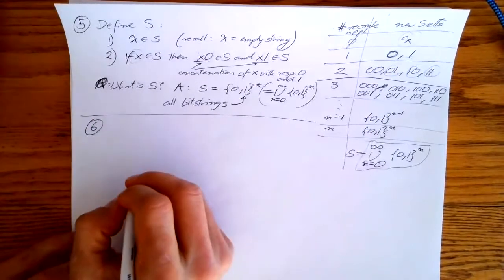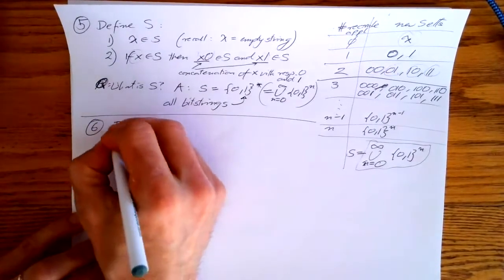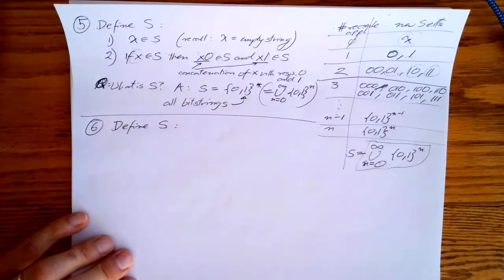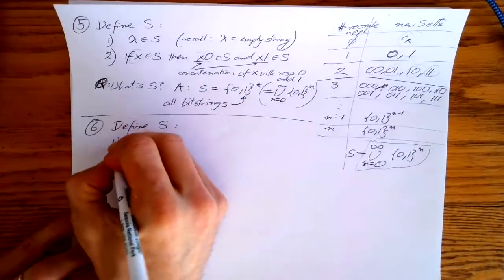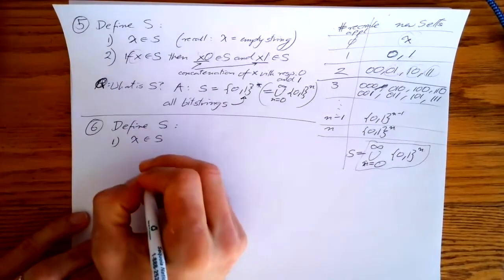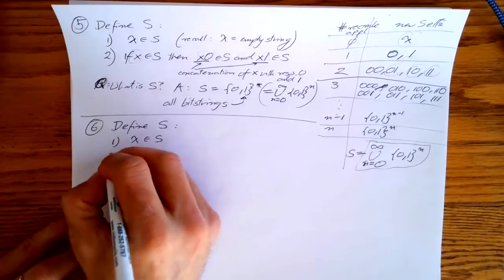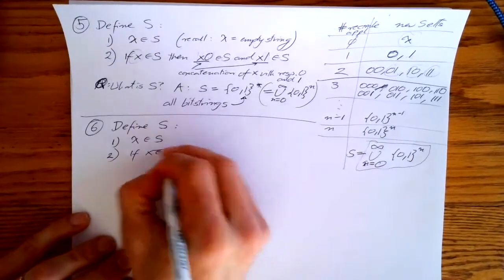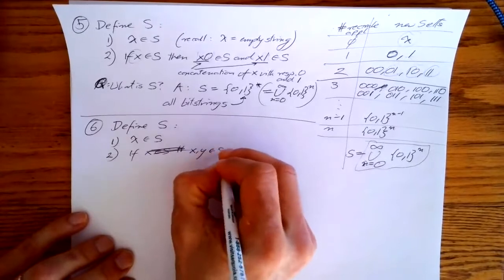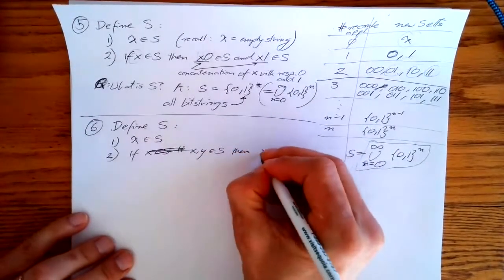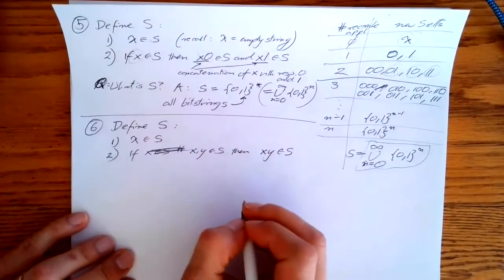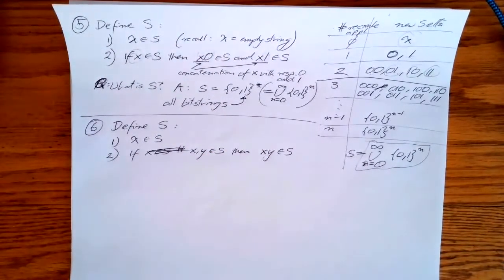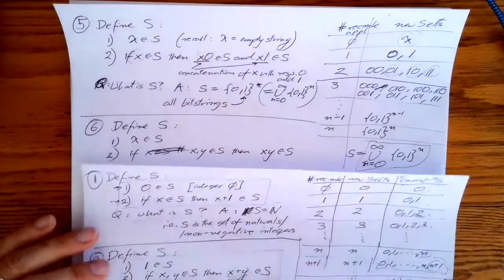Here is something else. Suppose I did this: lambda is in S, and if x and y are in S, then xy is in S. It's kind of like this, right?